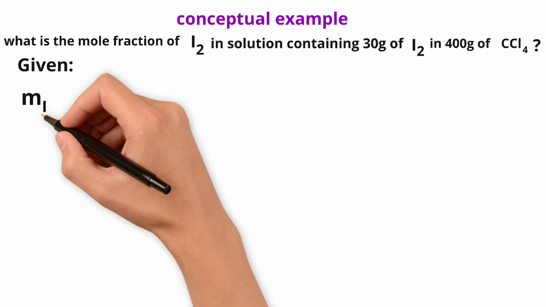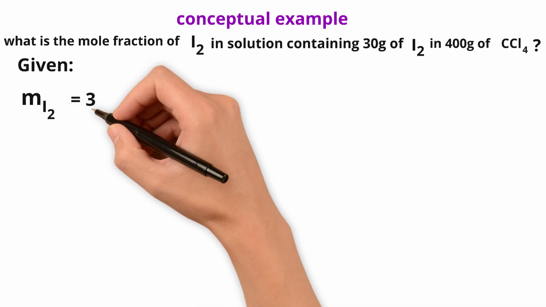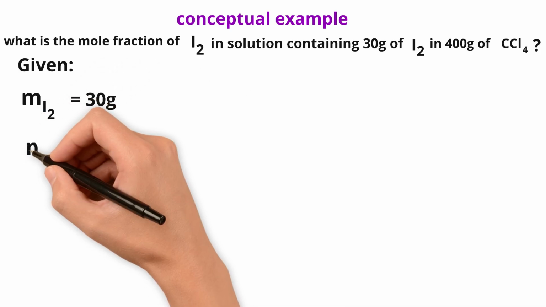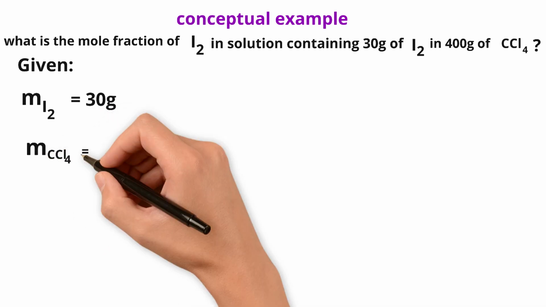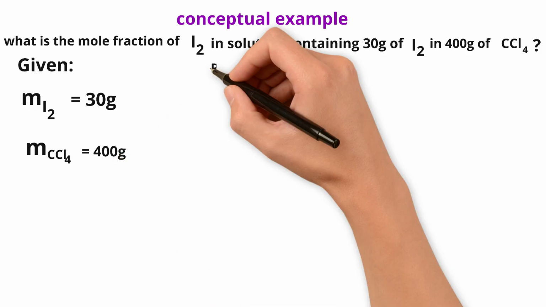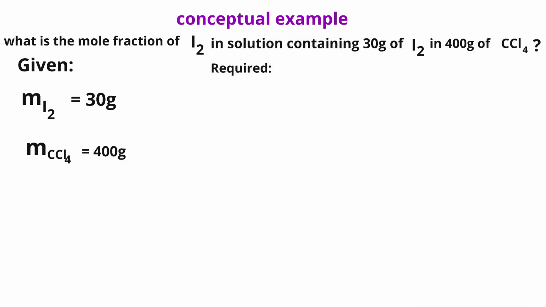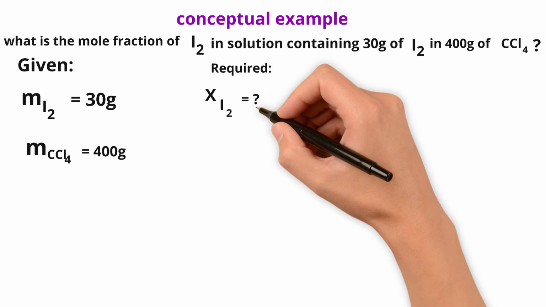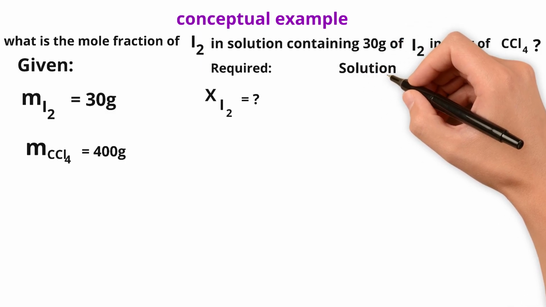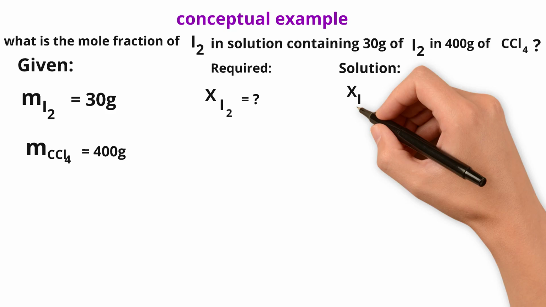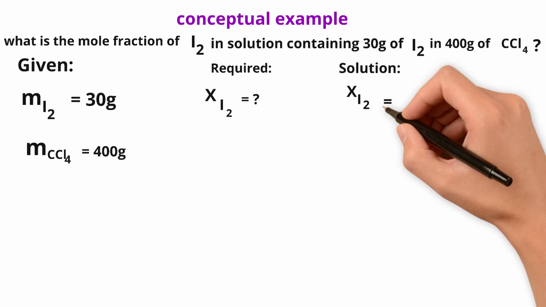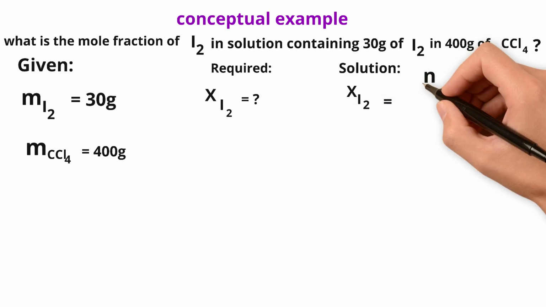Mass of carbon tetrachloride is given, which is equal to 400 grams. Required: mole fraction of iodine in solution. Mole fraction of iodine is equal to mole of iodine upon mole of iodine plus mole of carbon tetrachloride.